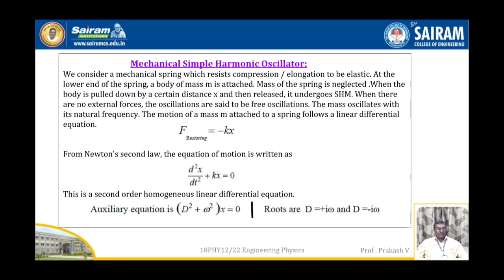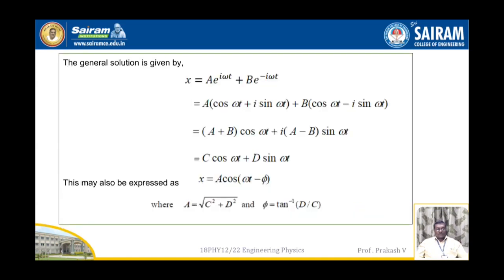Next, the general solution for the displacement is x equal to a into e to the power of i omega t plus b into e to the power of minus i omega t. That is equal to a into cos omega t plus i sin omega t plus b into cos omega t minus i sin omega t.